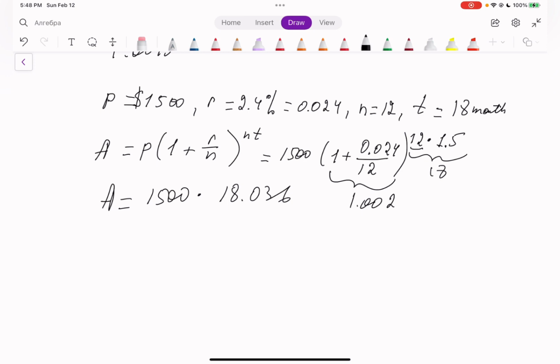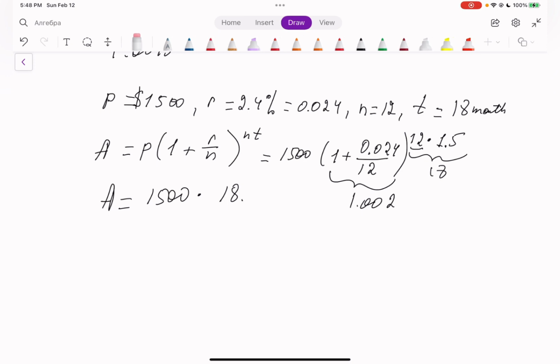Okay, so then I'm getting 1500 times 1.03661857. Let me see if it will take it. Times 1500. Okay, I put one more additional zero. Okay, 1500 times 1.03661857.